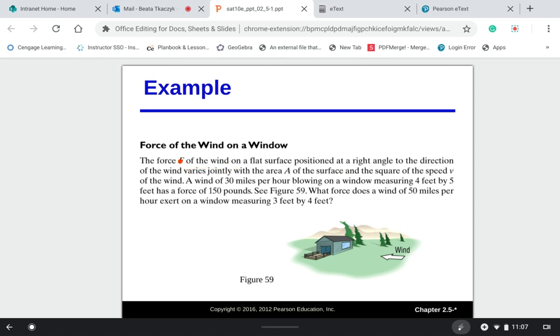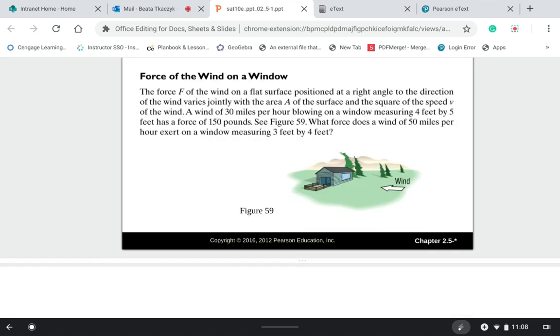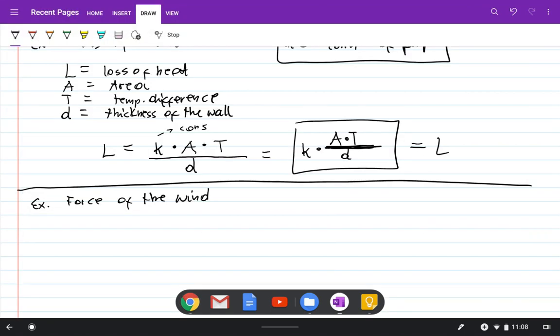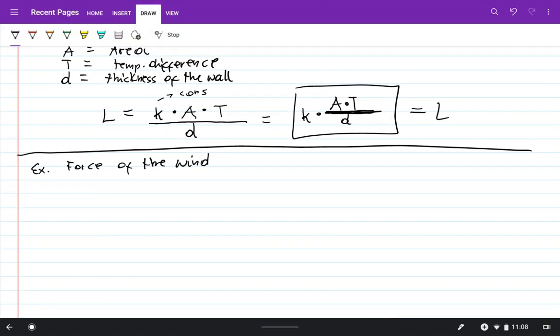I know F, force of the wind, varies jointly with area and the square of the speed of the wind. Okay, so let's write the formula first. Okay, so variables which we have in this problem. We have F, which stands for force.